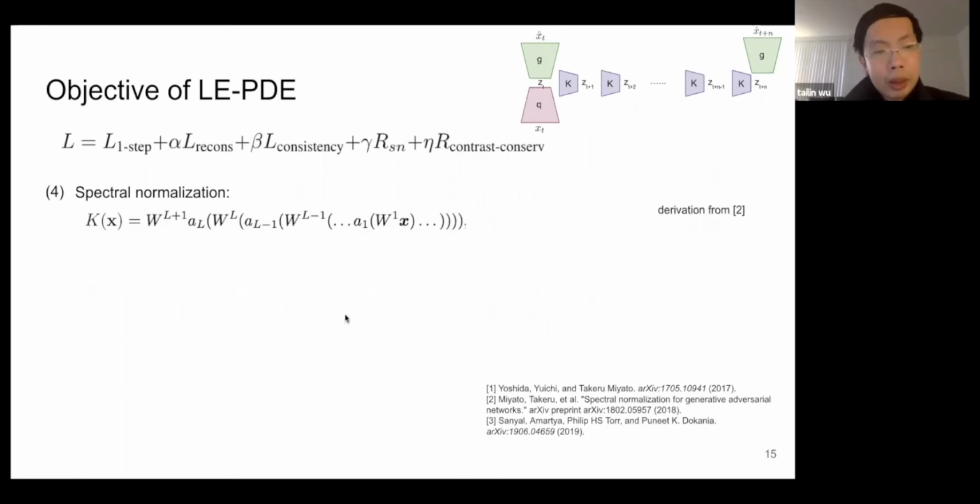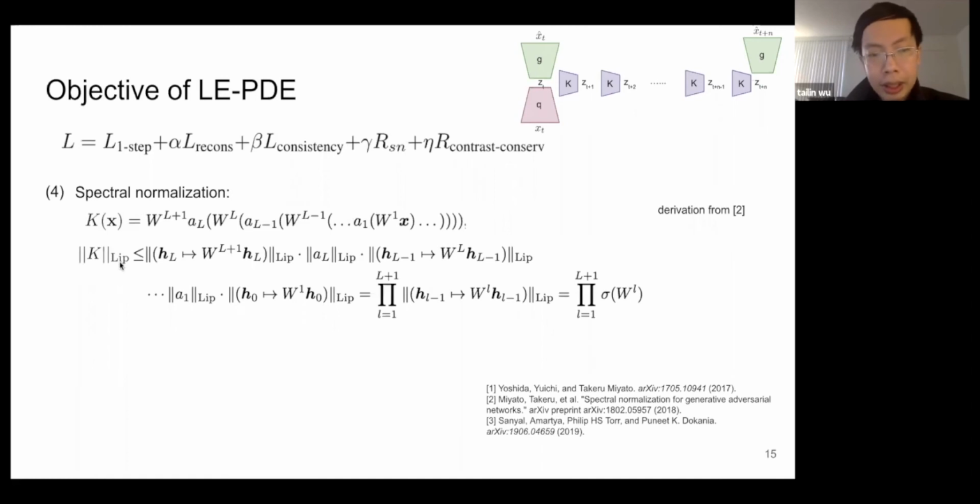And because our neural network K is generically a feed-forward network, like the following, we can have an upper bound of the Lipschitz constant by this inequality. Basically, it is smaller than the product of the Lipschitz constants of the different weights times the activation.